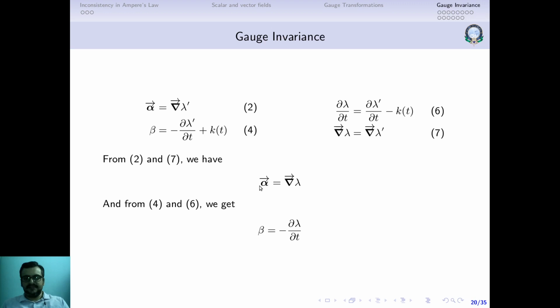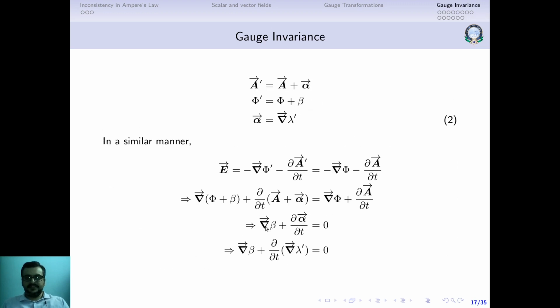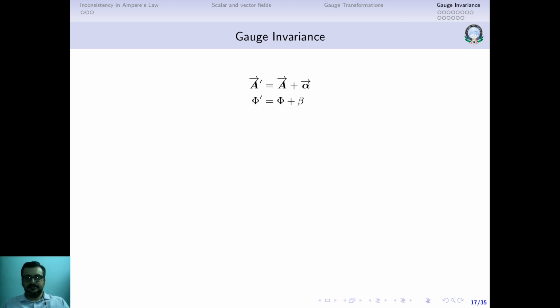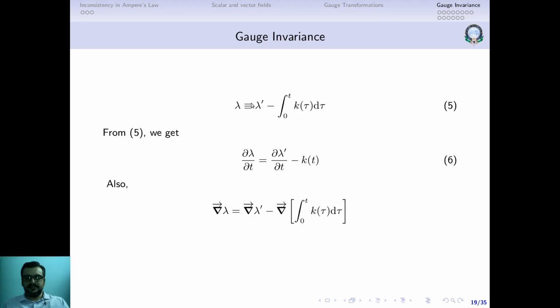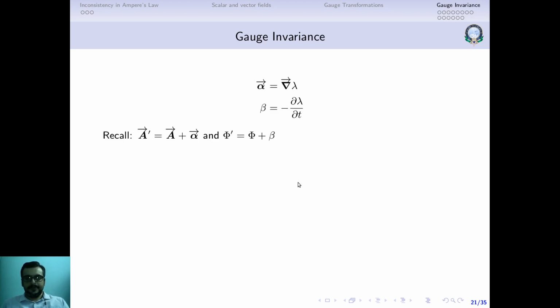And what are alpha and beta? Alpha and beta were the original changes that we had made here. This was alpha and this was beta. To the original set of potentials, we added alpha to the vector potential and beta to the scalar potential, and we got the new potentials. We found that for the gauge transformations to be valid, the values of alpha and beta are given in terms of some function λ.